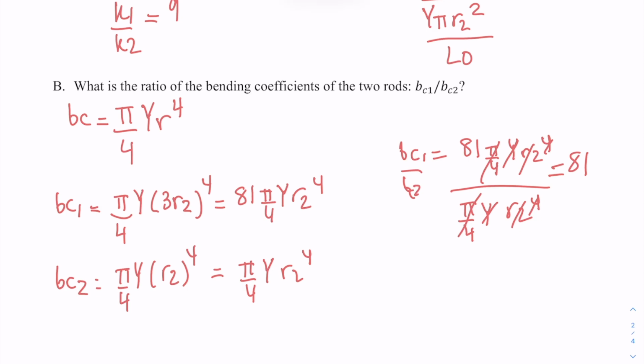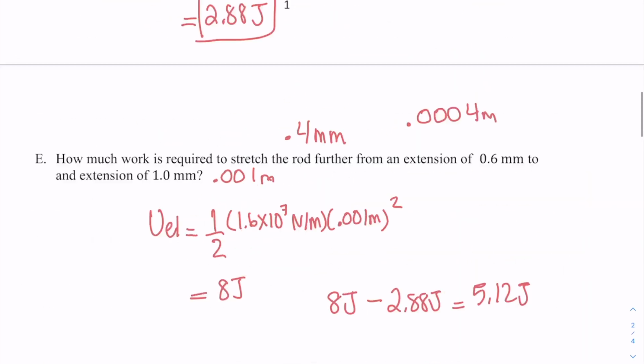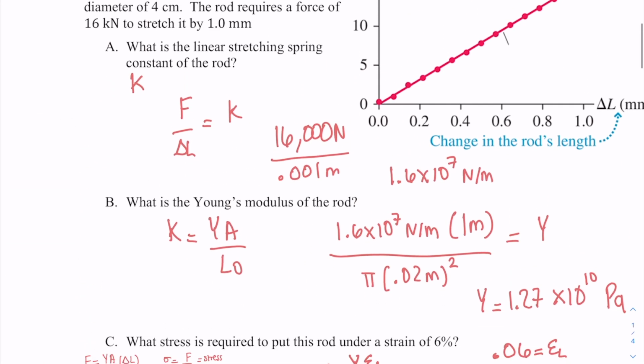Probably the most annoying thing in this chapter is not even keeping track of the equations, because you're going to get an equation sheet anyway on the exam. It's honestly remembering what units go with what values. So we know that spring constant is newtons per meter. Young's modulus is usually in pascals, or newtons per meter squared.